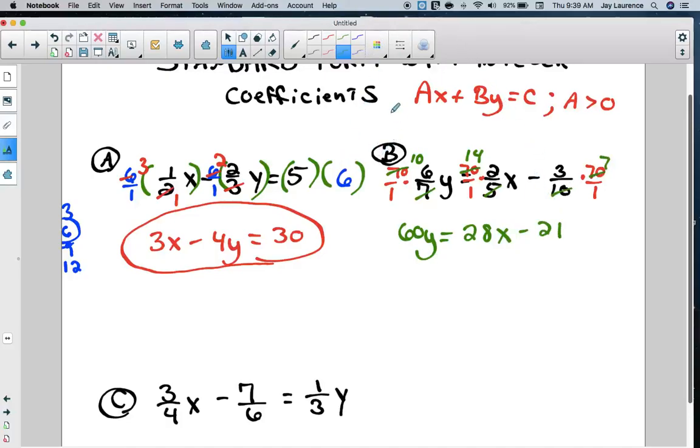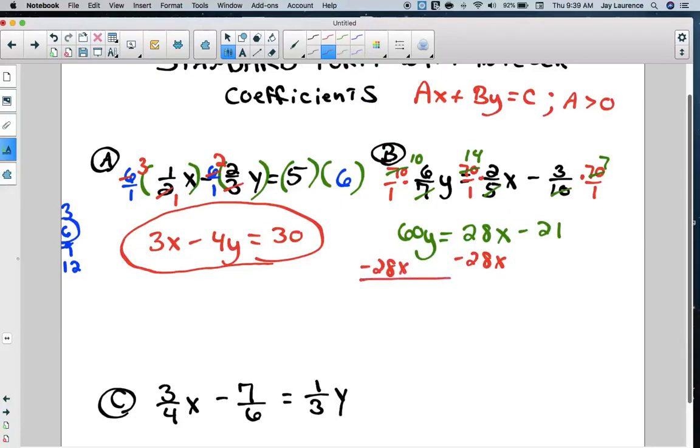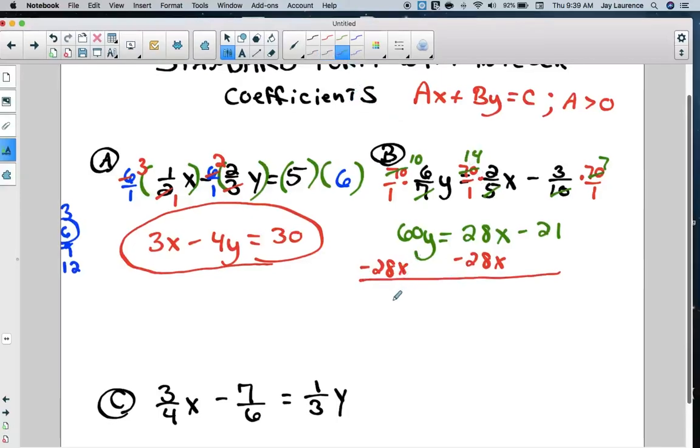I don't have ax plus by equals c. I've got to get rid of this 28x. Well, I've got to subtract 28x. Why? Because the 28 is positive. So I'll subtract 28x over there. And when I do that, I will end up with negative 28x plus 60y equals negative 21.